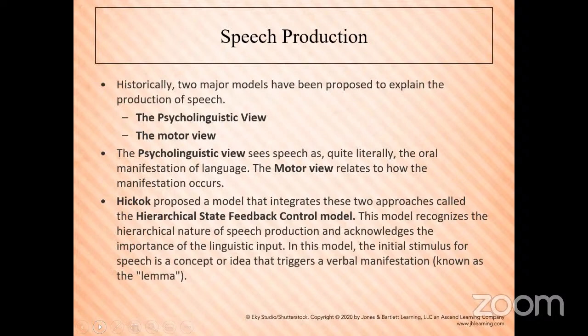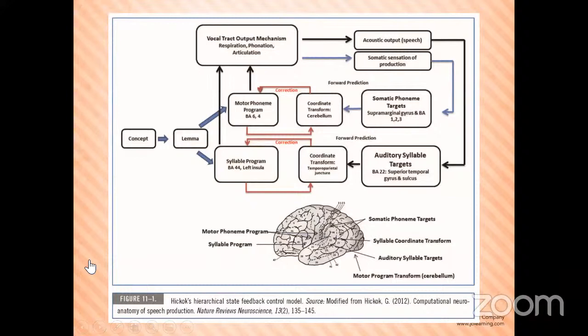The concept or idea that triggers a verbal manifestation, that is the lemma. You can see this diagram, it is a familiar and very important diagram for all of you to understand. There is the lemma, the motor programs which are in Broca's area, and syllable programs also in Broca's area 44 and left insula. This is the inferior frontal gyrus.